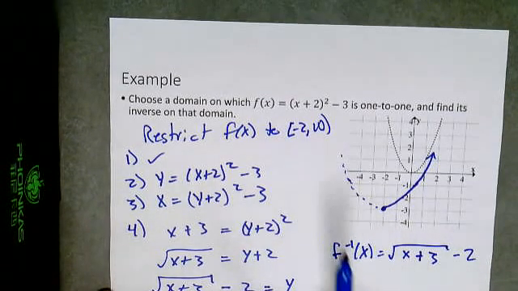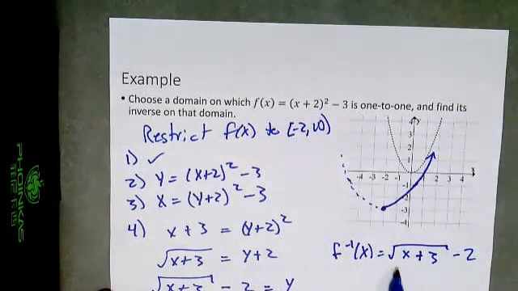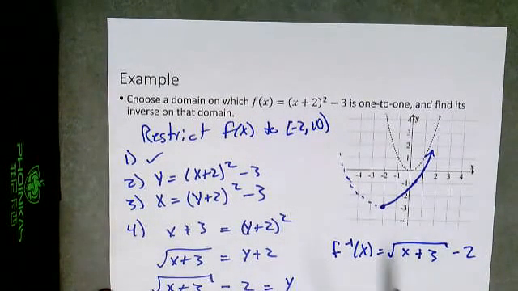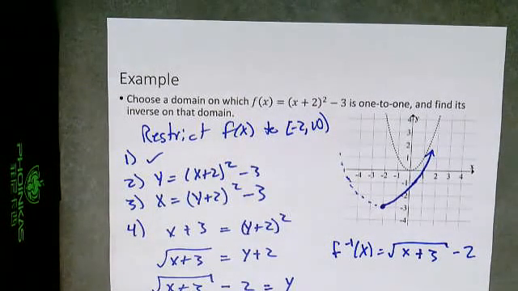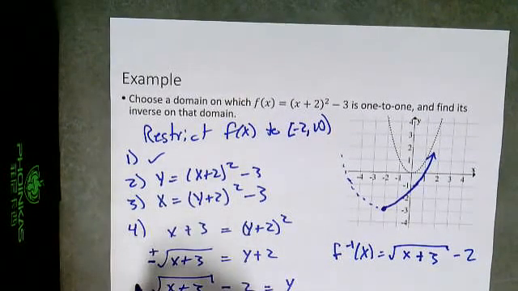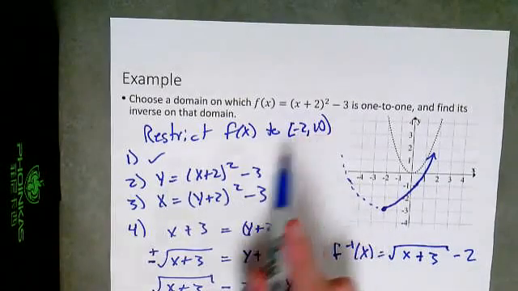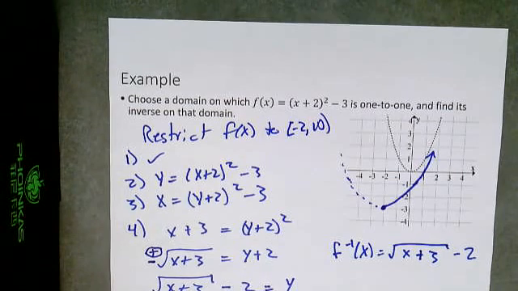The domain of f of x is -2 to infinity, which happens to be the range of this guy, and the domain of this guy is the range of f of x. I should mention, when we take the square root here, we have plus or minus, but because we're restricting the domain to -2 and onward, we choose the positive half because we want the upper part of the inverse graph.